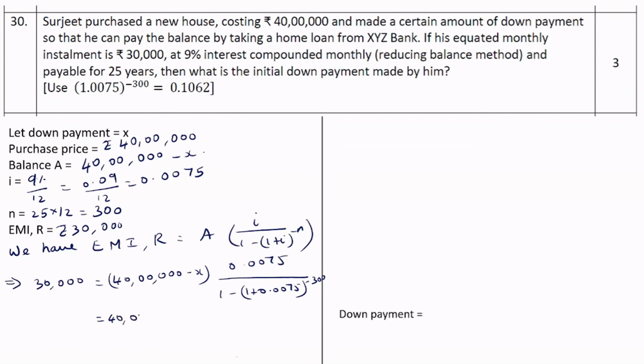So it is (40 lakhs minus X) into 0.0075 upon 1 minus 1.0075 the whole raised to minus 300. The value is given here. It is 0.1062.